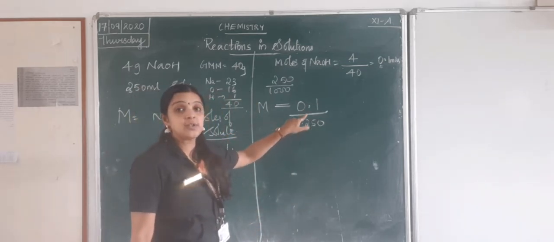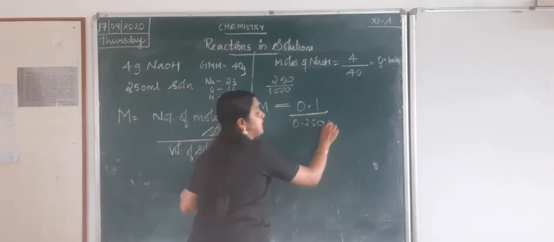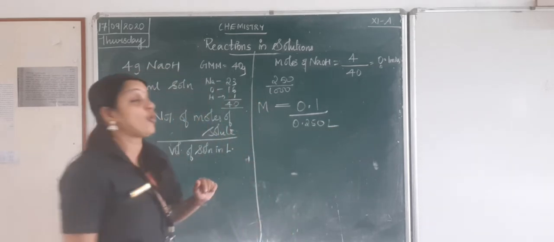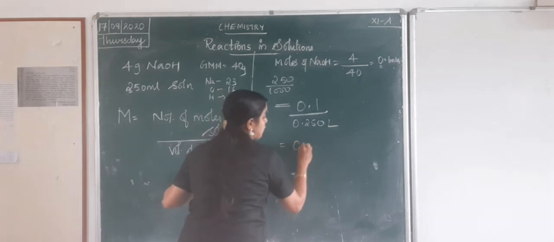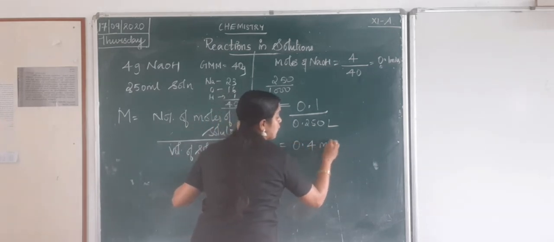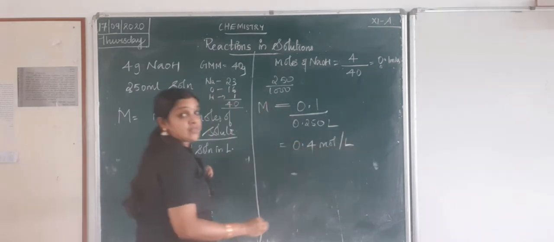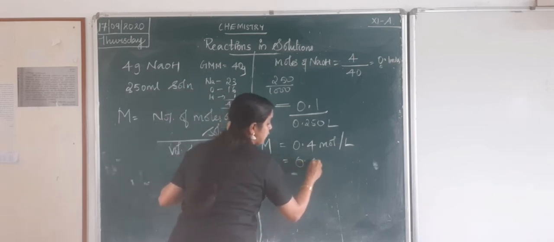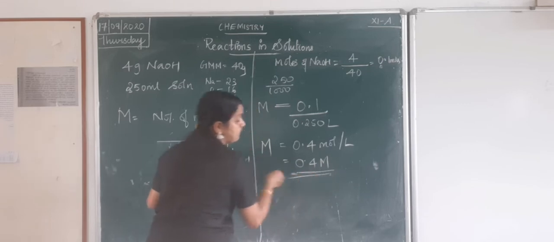Number of moles of solute divided by volume of solution in liters. This has become liters now. How much is the answer I am getting? 0.4. 0.4 moles per liter. This is my molarity, or simply you can put 0.4 capital M.